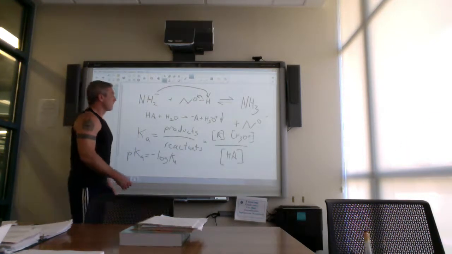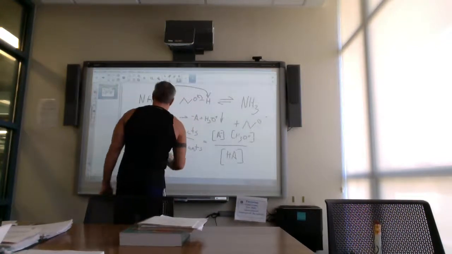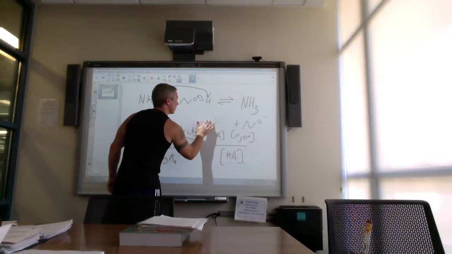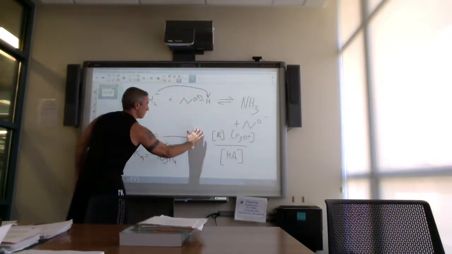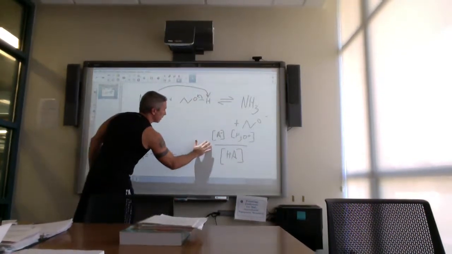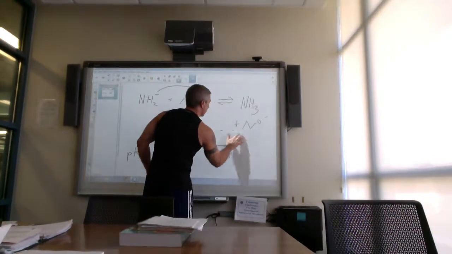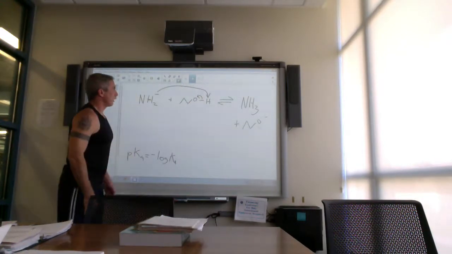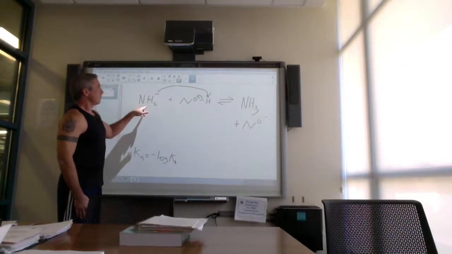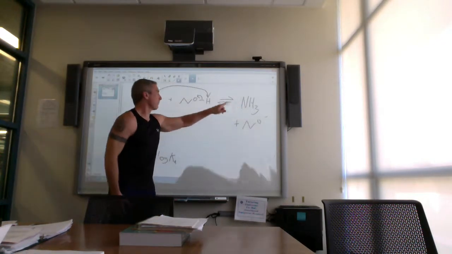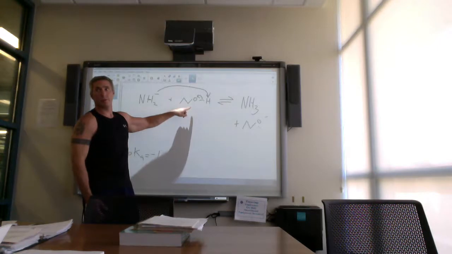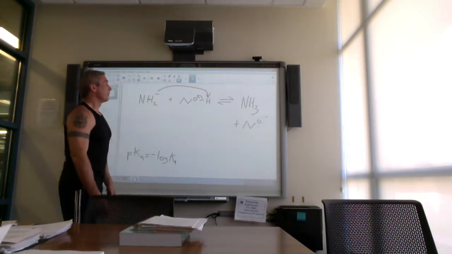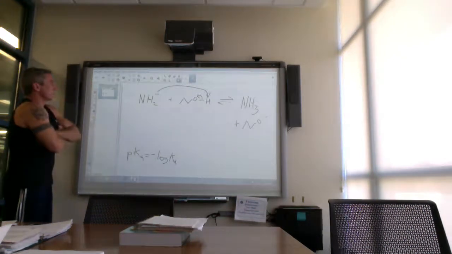Now, generic acid. We'll get back to that in a little bit. Now, again, coming back to our general equation here, we decided that this has a conjugate acid. Where's the conjugate base of this? It's the only thing left. It's over there, right? Now, look at this.